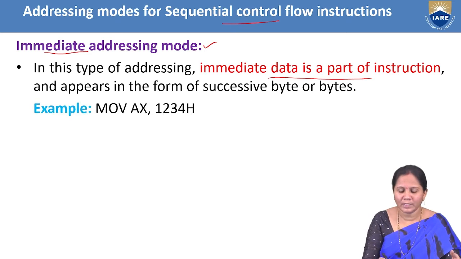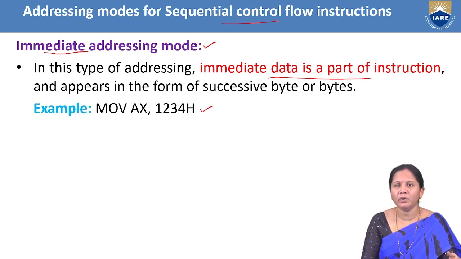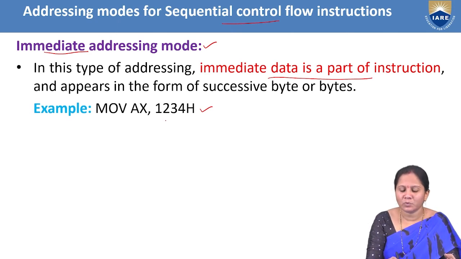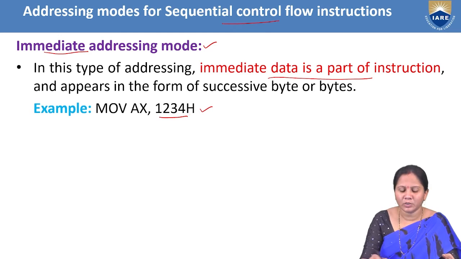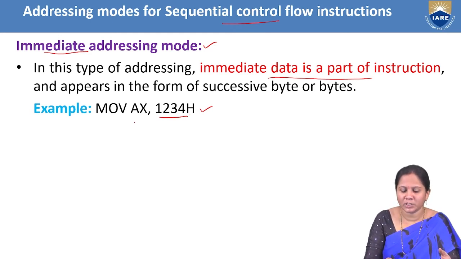Now, this is an example: MOV AX, 1234H. This 1234H is a 16-bit number. Based on the instruction format, this is called the mnemonic. Soon after the mnemonic, this area is the destination and this area is the source.